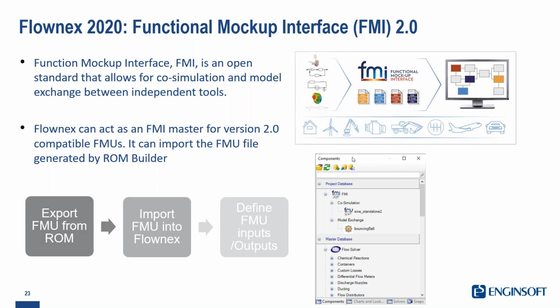co-simulation, and you can use the ANSYS ROM Builder, the reduced order model. So basically, you run your 3D model several times to construct a surface of response that can be compressed in one FMU file, and this FMU file is like a black box and becomes a new component inside Flownex.